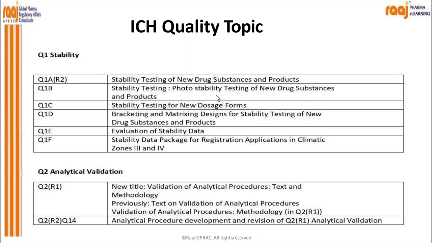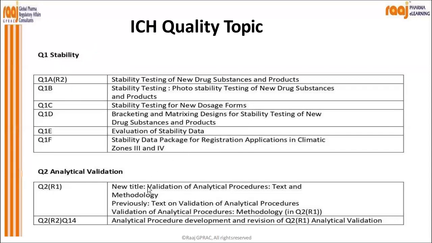You talk about photostability testing of new drug substance, stability testing for new dosage form, bracketing matrixing, Q1D, then evaluation of stability data, Q1E, then Q1F talks about the stability data package for registration application in climatic zone 3 and 4. So it's very interesting to have such beautiful guidelines for each different topic under the stability ICH Q1.